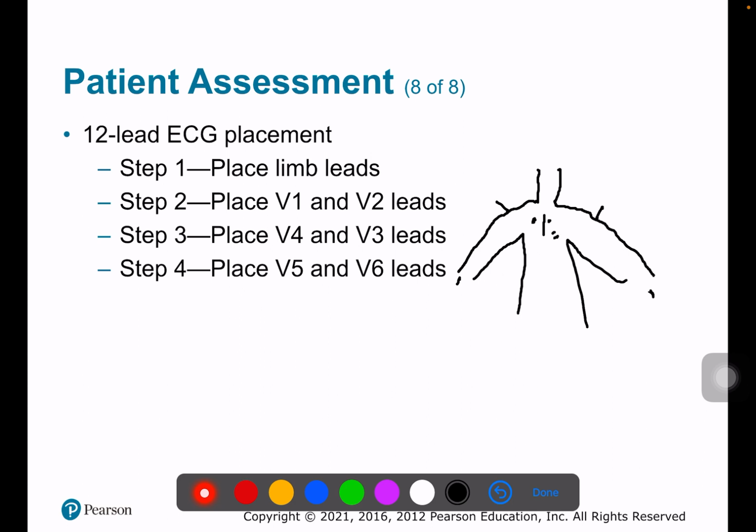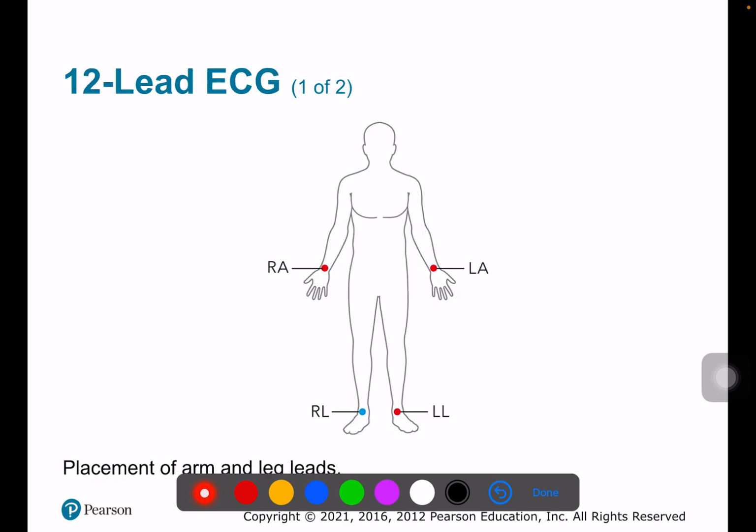You go just next to it. And then V6 goes right under the armpit on the side of the thoracic. And then you space out 4 and 5 like that. So you're making a circle around the heart. And we'll do this in lab. It's not a very good picture at all, but just so you have an idea. And V4 and V3, we'll get through it.